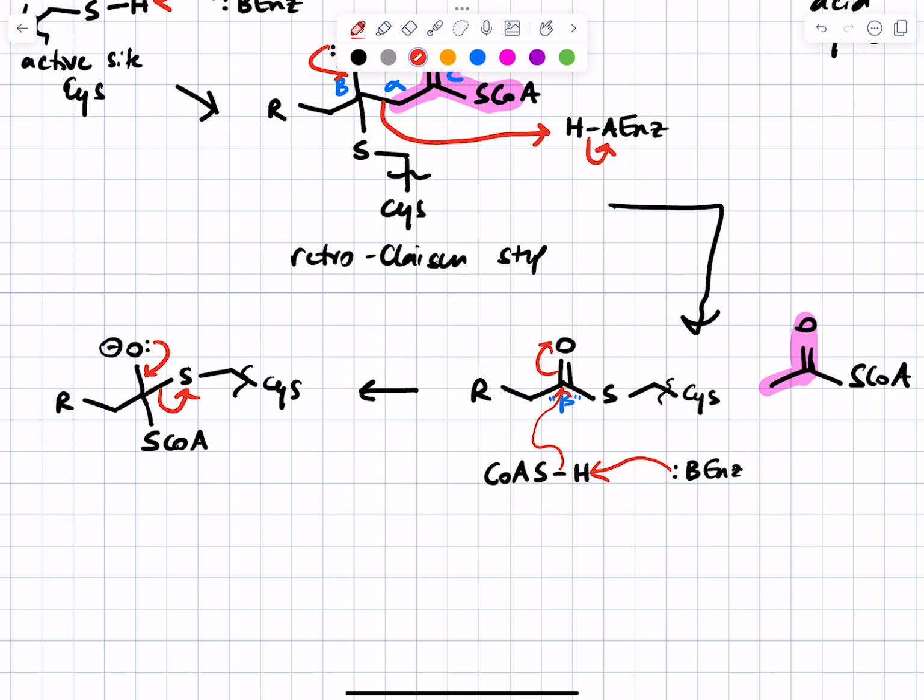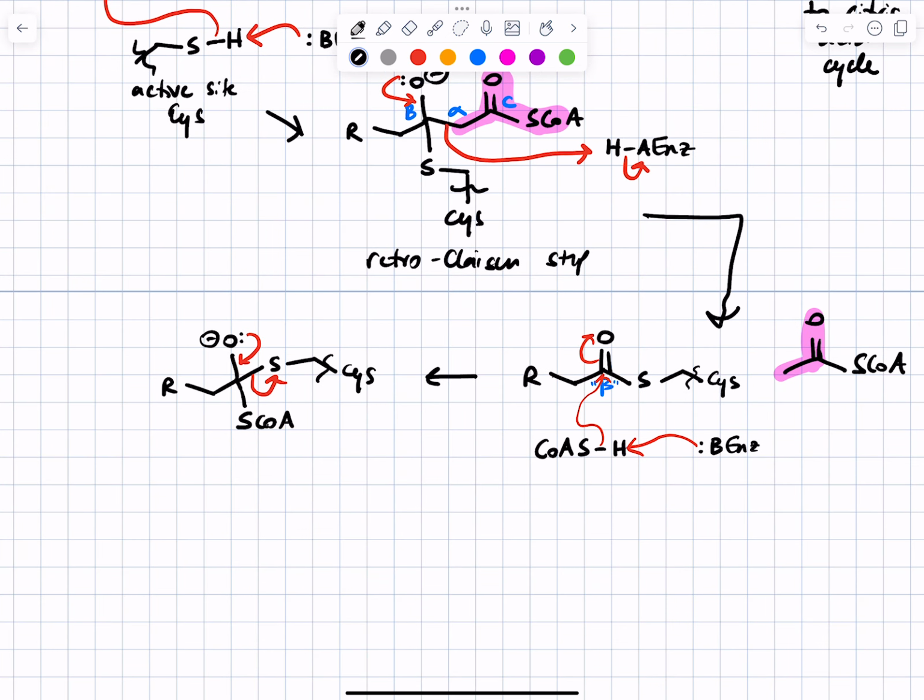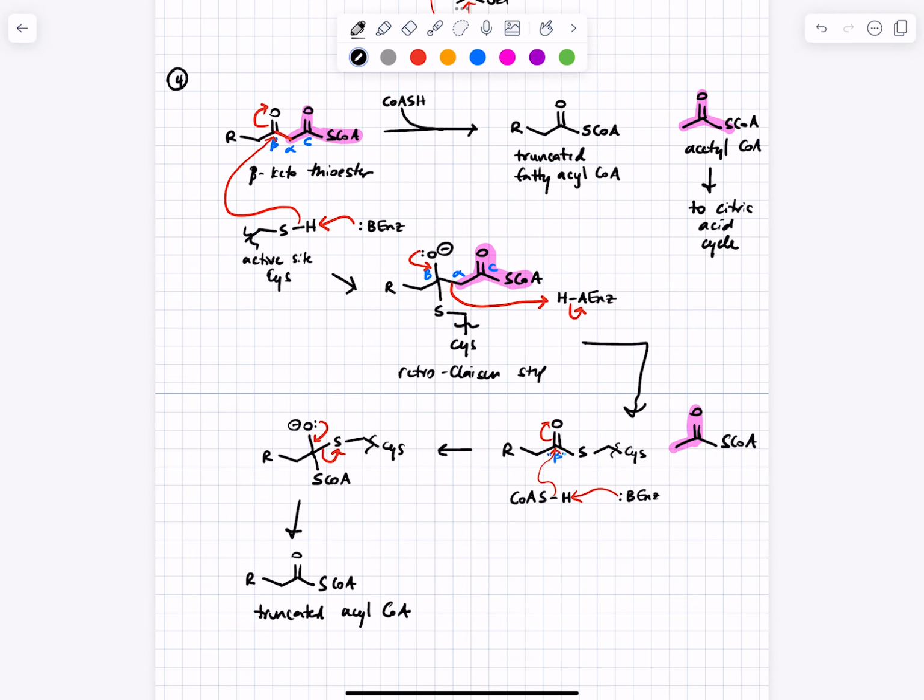Electrons kick down and the leaving group leaves, and that then liberates your truncated acyl-CoA. All right? So in that process, we have clipped off the terminal 2 pink carbons, and we're left with a fatty acid that's 2 carbons shorter than it used to be.